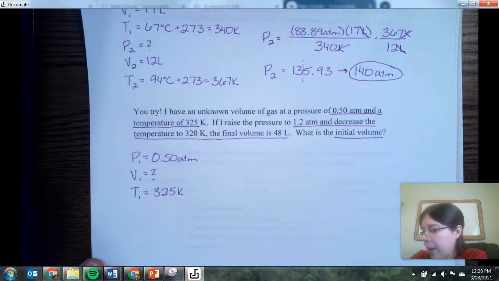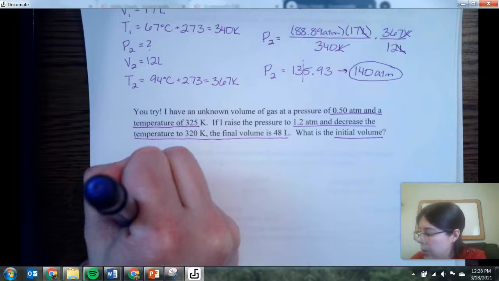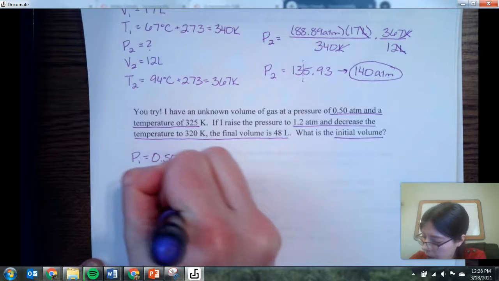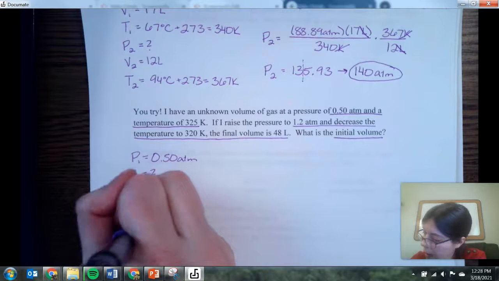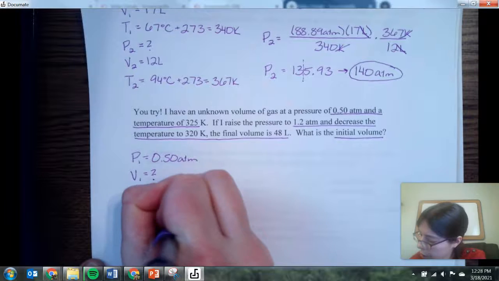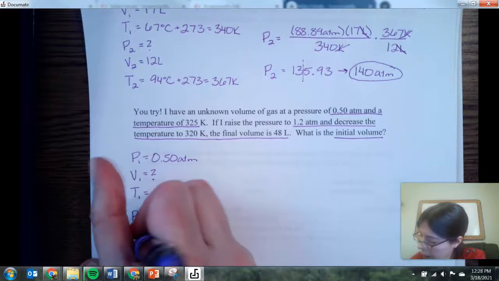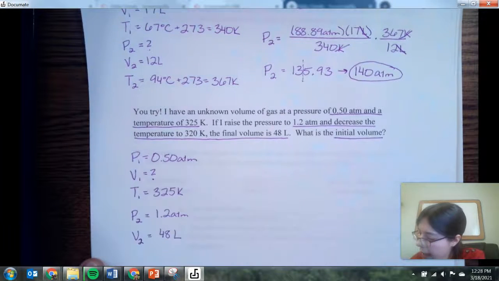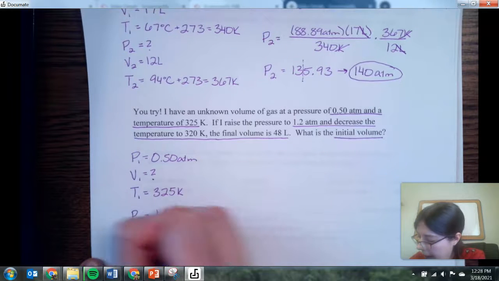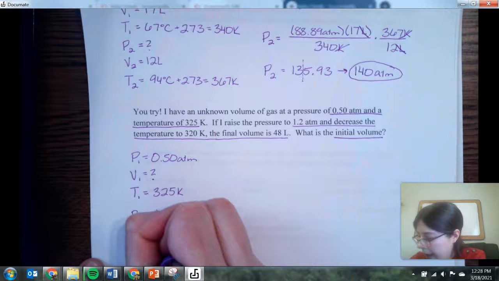Now for my final parameters. P2 is equal to 1.2 atmospheres. V2 is equal to 48 liters. And then my temperature, T2, is again in Kelvin, so 320 Kelvin.